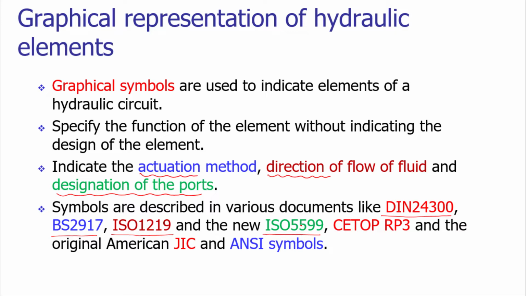These standards are being practiced by the practicing engineers in the industry. Therefore, it is very essential for budding engineers, for the students of automation engineering or manufacturing engineering, to know how to represent properly a typical hydraulic element.